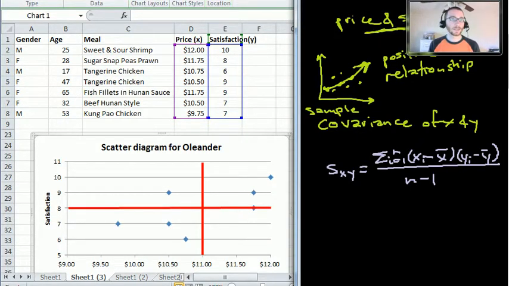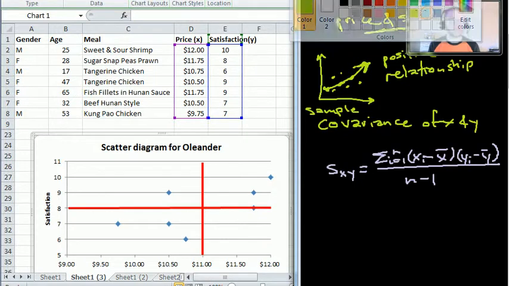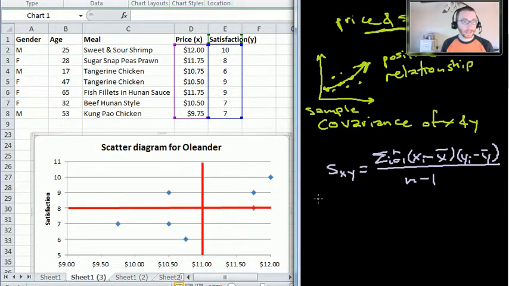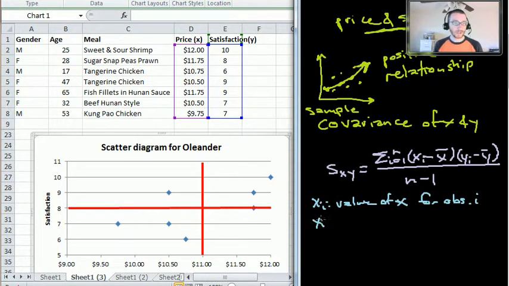So let's break this into pieces. xi is the value of x for observation i. You may previously have seen x bar defined as the sample mean, so let's just call it that for this moment.